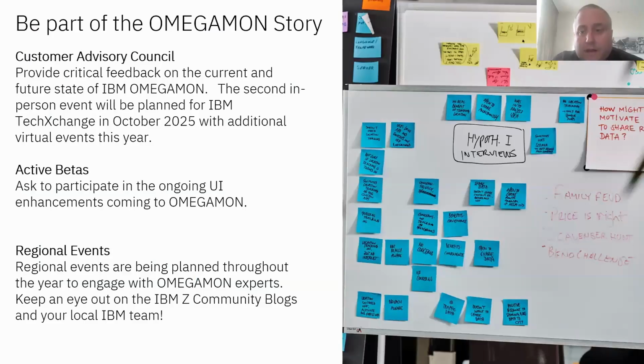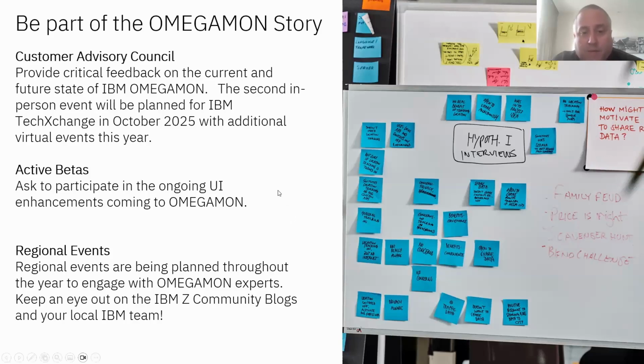Lastly, I just invite everyone to continue to participate with us on our OMEGAMON journey. We have a great user community. We're planning another in-person customer advisory council as part of Tech Exchange, the beginning part of that.